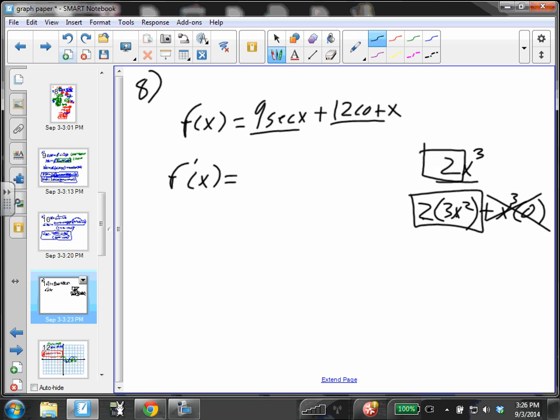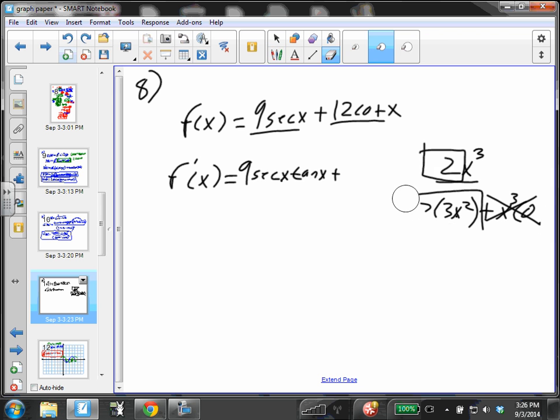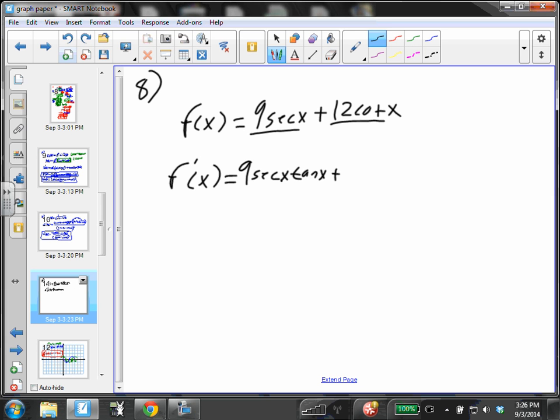So 9 times secant is just 9. And then what is the derivative of secant? Very good. So this would just be 9 times secant x tangent x plus. And now there's a constant 12 in the front, so I just write my 12 down. And then what's the derivative of cotangent?